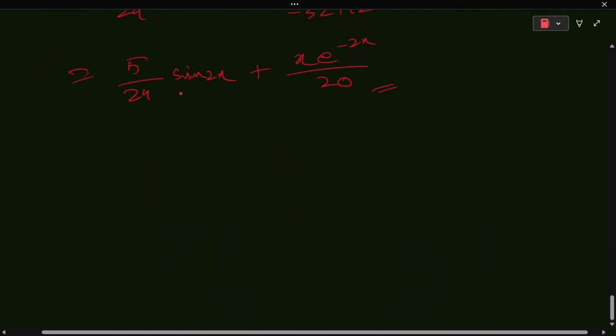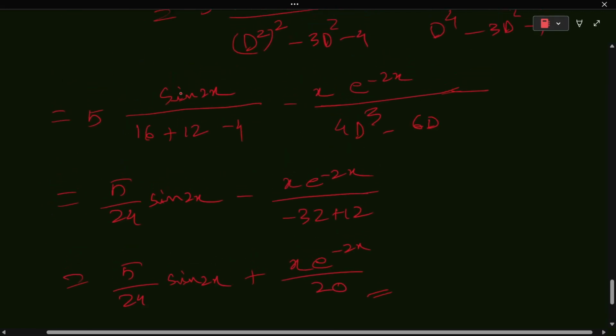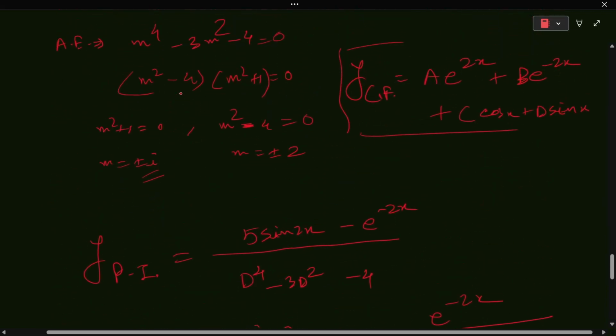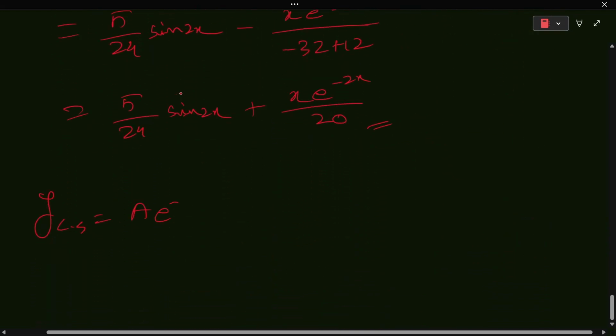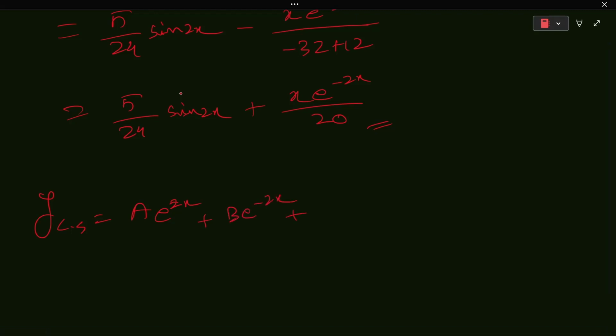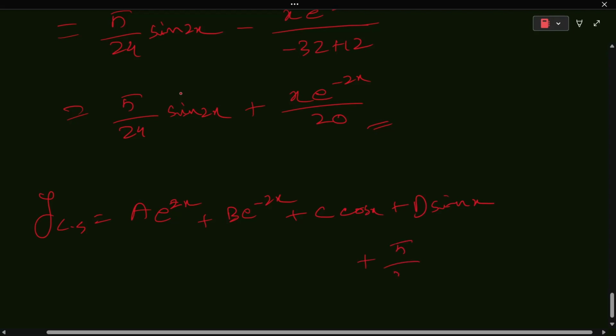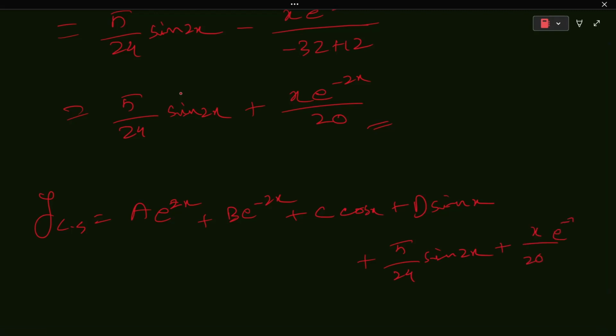Okay, so what is the complete solution for that? Y is nothing but the complementary function, roots 2, minus 2, i, minus i. So a e to the power 2x plus b e to the power minus 2x plus c cos x plus d sin x plus 5 by 24 sine 2x plus x by 20 e to the power minus 2x.